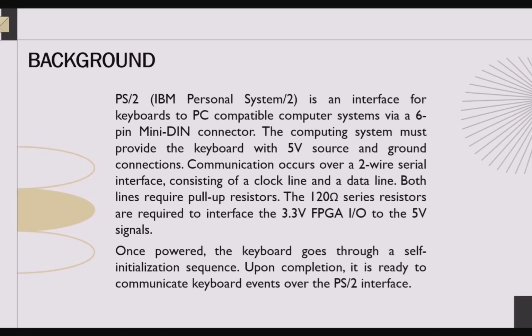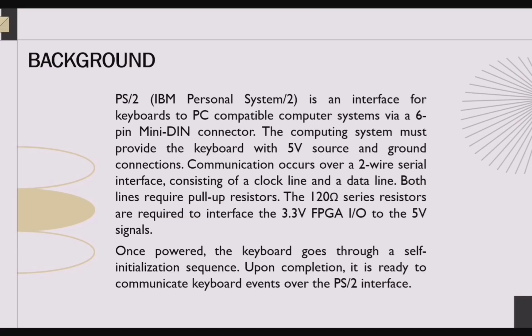For the background, PS2 or IBM Personal System 2 is an interface for keyboards to PC-compatible computer systems via a 6-pin mini DIN connector. The computing system must provide the keyboard with 5-volt source and ground connections. Communication occurs over a 2-wire serial interface consisting of a clock line and a data line.